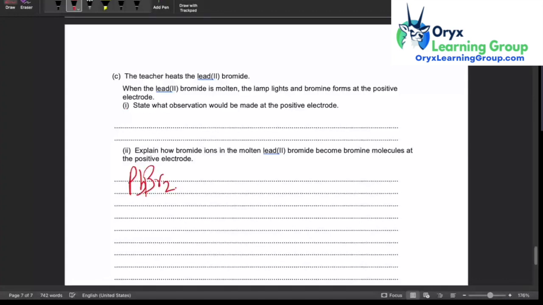It will form Pb2+ plus 2Br-, right? This is in molten state, so it is liquid: Pb2+ liquid and 2Br-, right? Now tell me, this Pb2+ will go where? It will go to the anode or cathode?